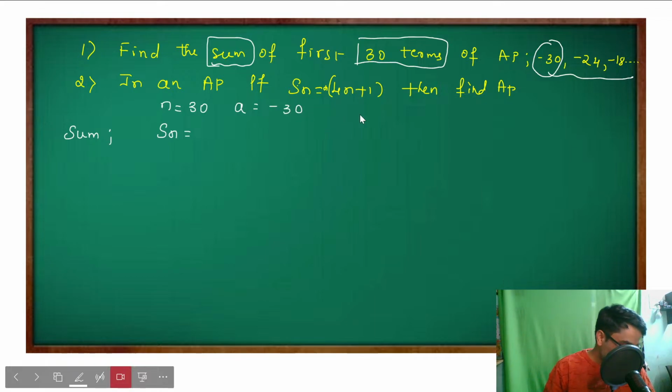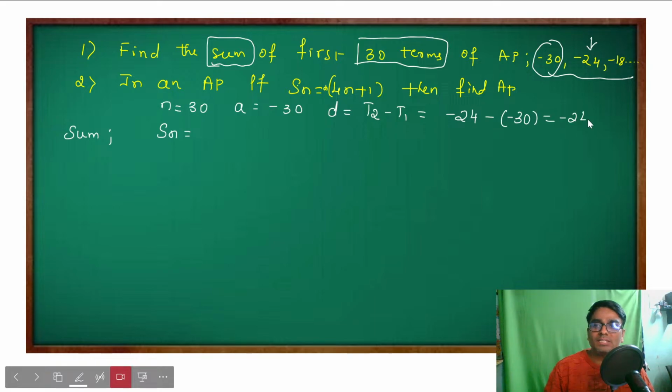Then you will have a D. What is the difference? The difference is T2 minus T1, second term minus first term. Here the second term is minus 24, minus of minus 30, which is minus 24 plus 30 is equal to 6.